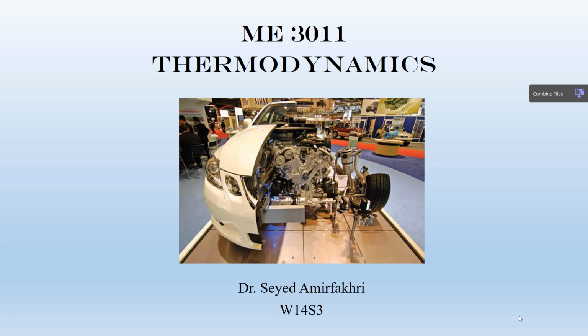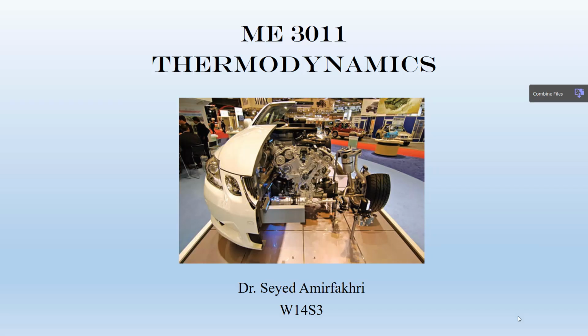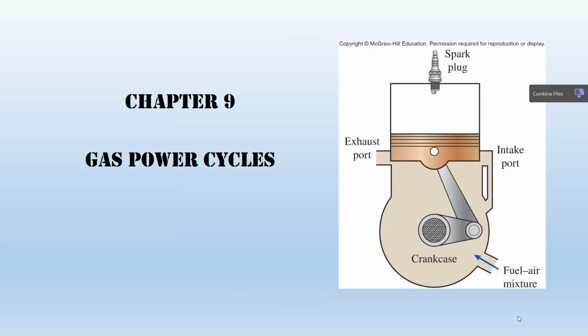So, week 14, session 3. This is the last presentation in this week, week 14. We'll go over the previous lecture and then we will solve two examples from Otto cycles.